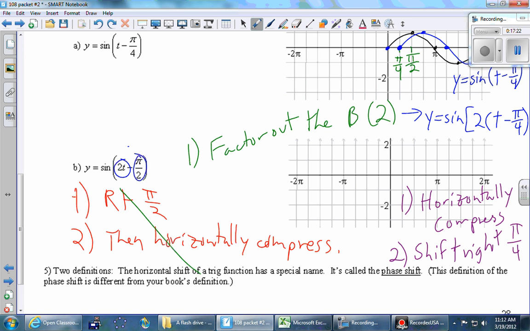So why would you allow me? You'd have to talk to her about that. My guess is that you never encountered a horizontal shift and a horizontal compression in the same equation. Maybe take a look. Was it factored out?